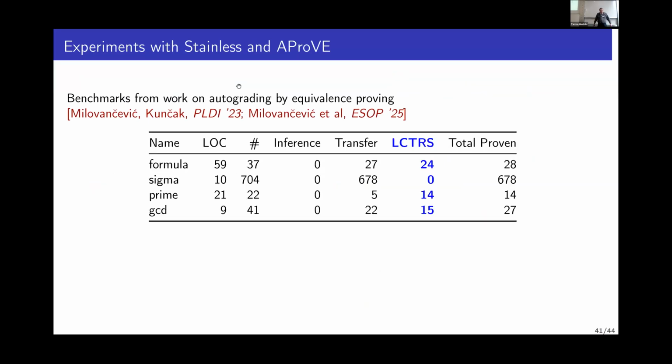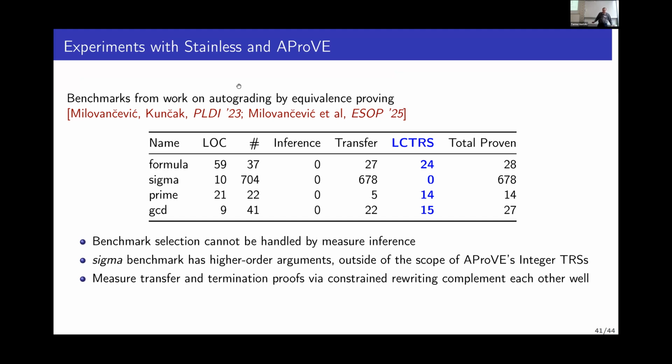We've run experiments to compare these methods on examples from auto-grading papers. Here the gist is, these are instances that cannot be handled by measure inference.